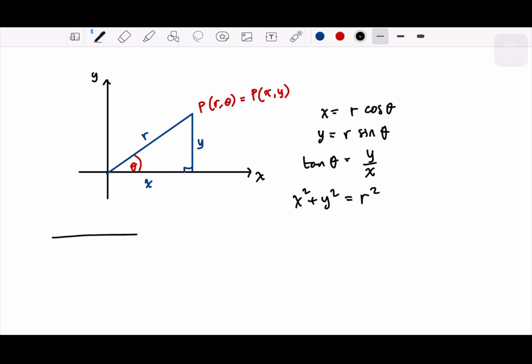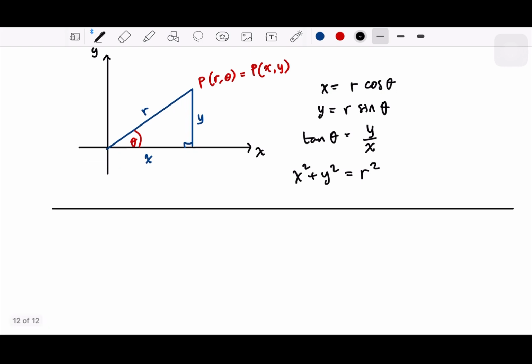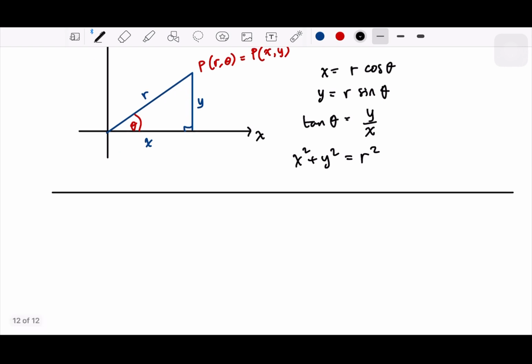Okay, this is just some ground rules, and we can see later how we are going to check our graphs in polar curves.